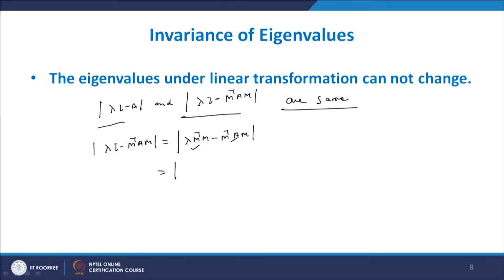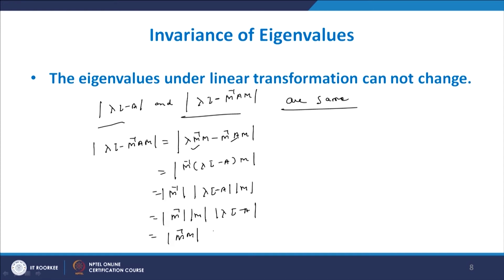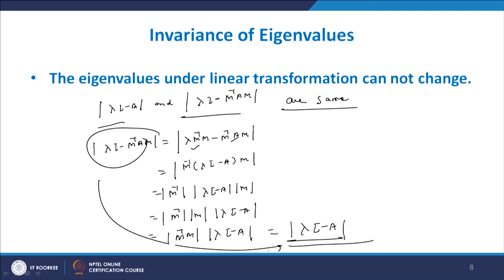We can write this as the determinant of M inverse times lambda I minus A times M, which equals the determinant of M inverse M times lambda I minus A, which equals lambda I minus A. So lambda I with M inverse M is the same as lambda I minus A. That means the eigenvalues under transformation cannot change.